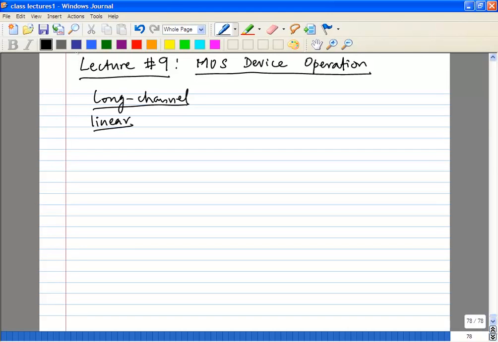So you have three regions: off, triode, also called the linear region, and saturation region, right? In the linear region, the current to voltage relationship is mu Cox W over L times VGS minus VT times VDS minus VDS square over 2. This should be at your fingertips.